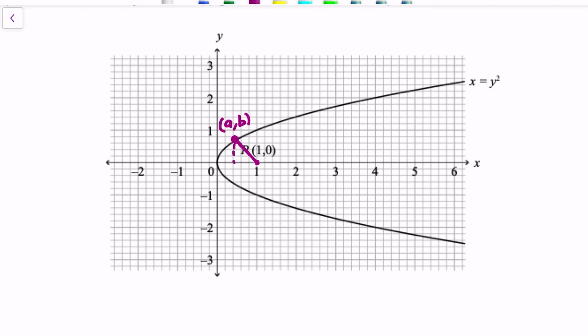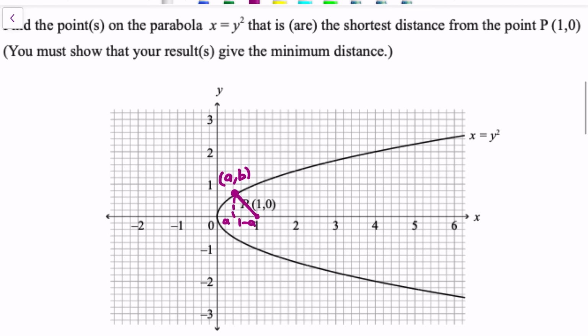If I drop this down here, this distance will be 1 minus a, because that distance is a, and then because x is equal to a, the height will be square root a, because it's on the curve x equals y squared. If x is a, then y is the square root of a, or the negative square root of a.